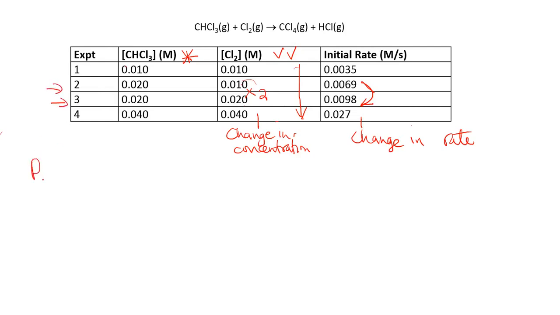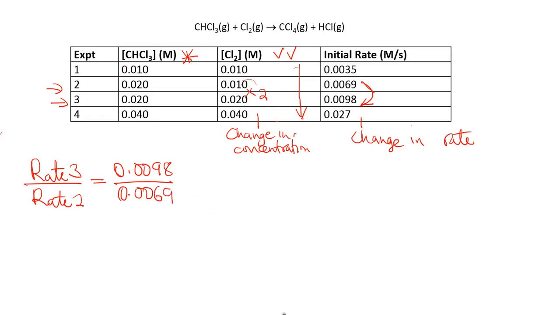So I'll say rate 3 divided by rate 2, which is 0.0098 divided by 0.0069.